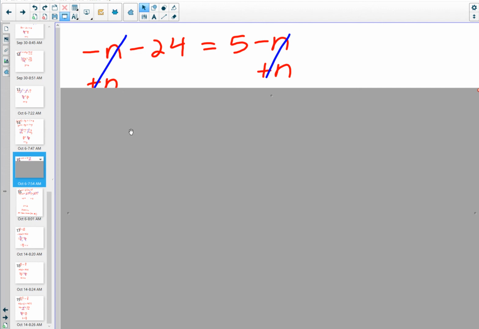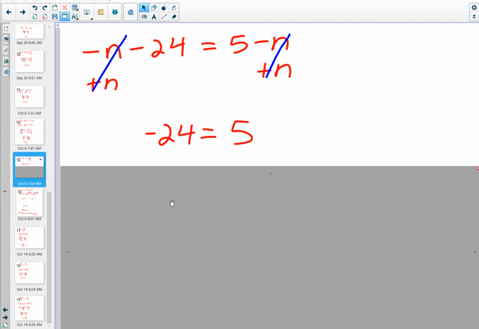What are we trying to do to an equation? Solve. What are we trying to solve for? The variables. Oops. I don't have a variable anymore. All the variables cancel. So here's what we learn: if and when all the variables cancel, we drop the leftovers.